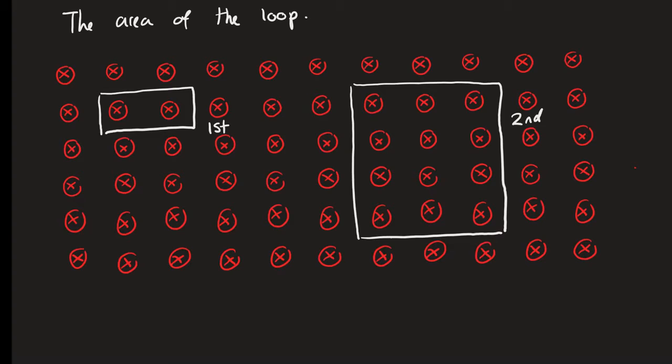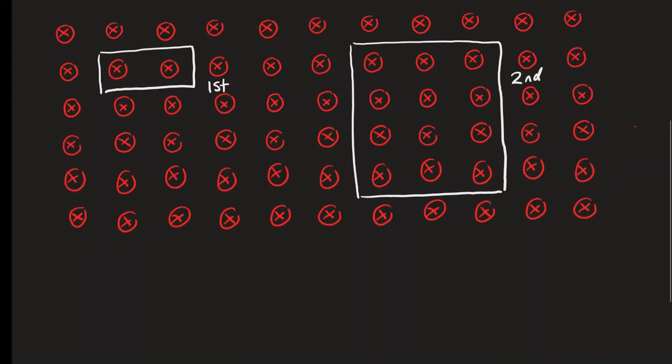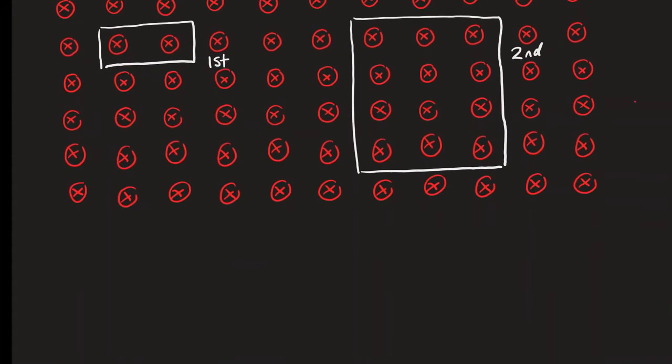Here we have the magnetic field represented by the evenly spaced red crosses. So crosses again mean that the field is directed straight into the page. There are two loops here referred to as the first and the second. The important difference between them is that their areas differ. So the second is 1.5 times wider and 4 times taller.